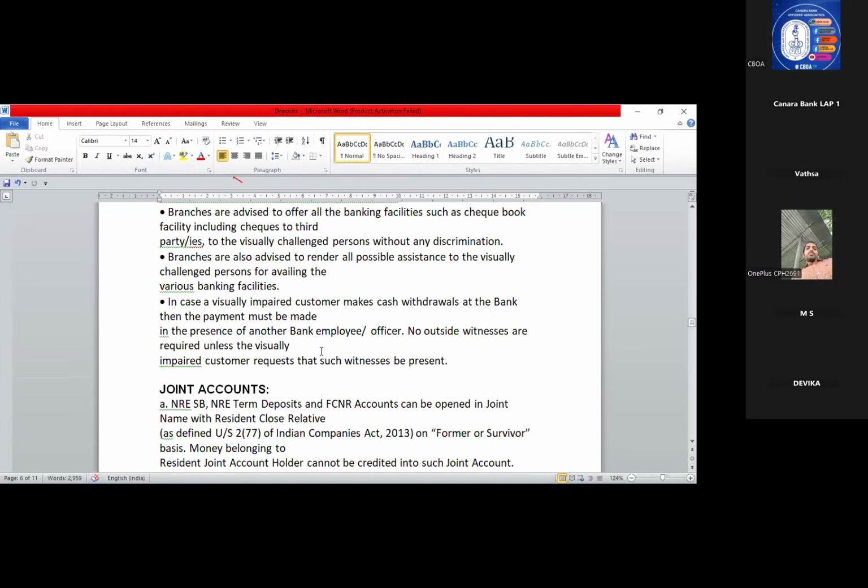Joint accounts, especially when you go for the joint accounts, account holders. That is, if we want to put the condition, simply for the verification of the signature, there only you will get the condition.